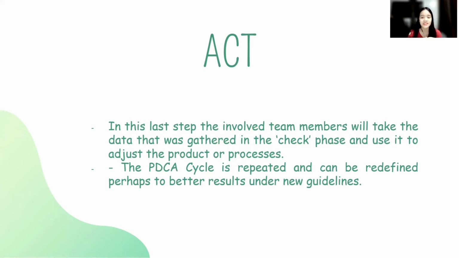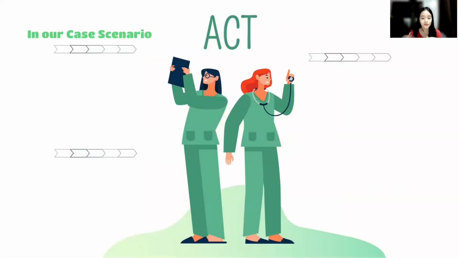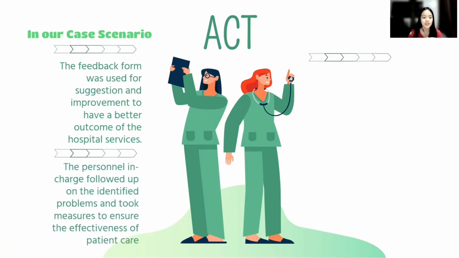For the last cycle of PDCA, which is the act, involving acting on the feedback and lessons learned and implementing the solution fully, what we did was, first, the feedback form was used for suggestions and improvement to have a better outcome of the hospital services.